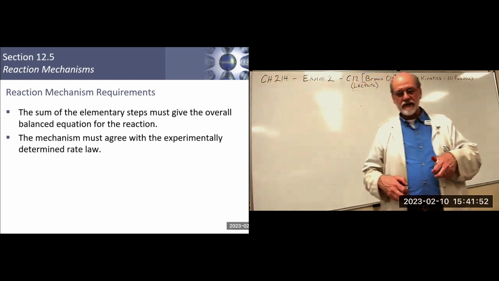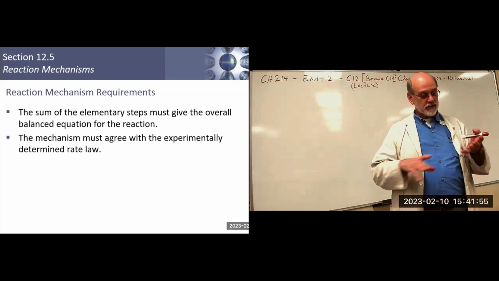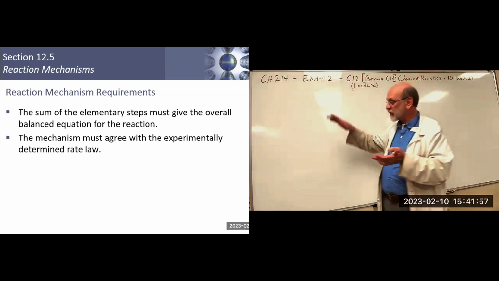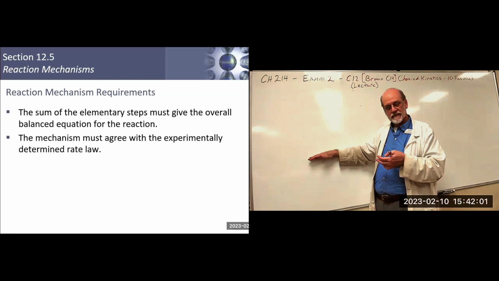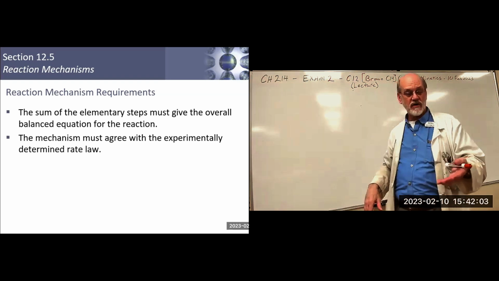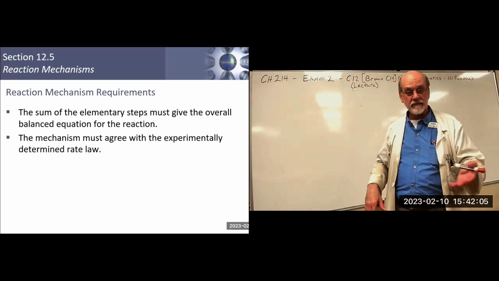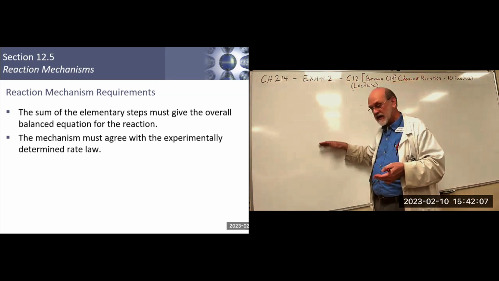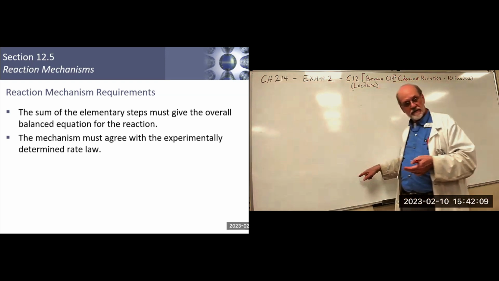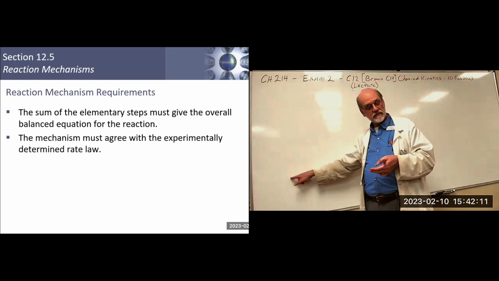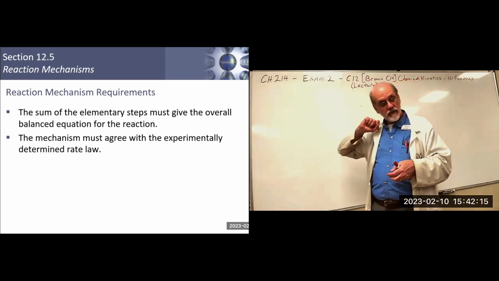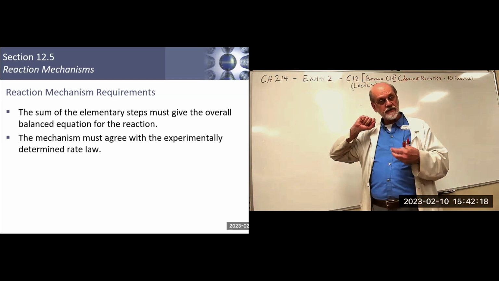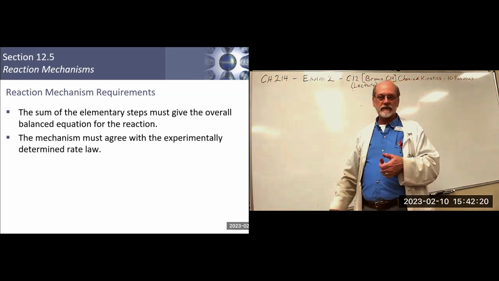In the middle of all this process, what you're asking yourself is, these proposed steps, can I add them up, just like we were doing with Hess's law for calorimetry? Can I add them up and end up with the overall equation for that reaction? If you can't, then that mechanism, that series of elementary steps, has to be thrown out.